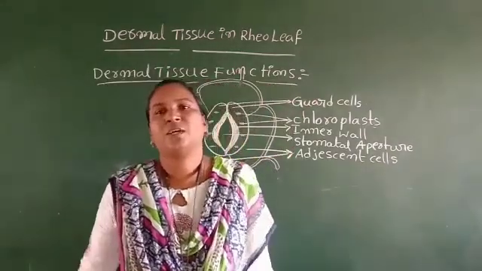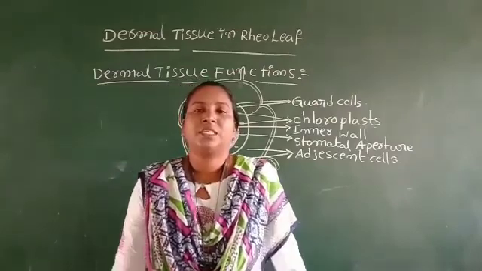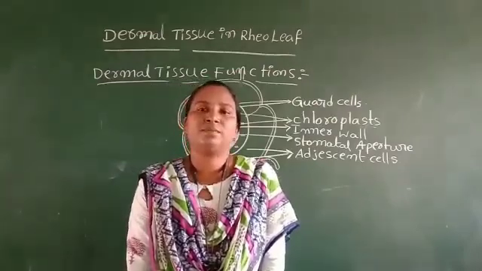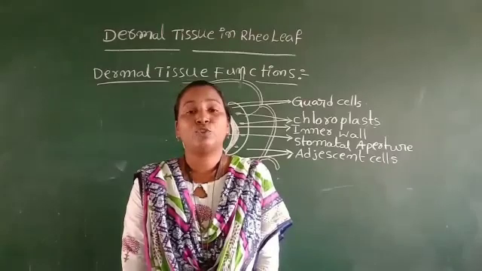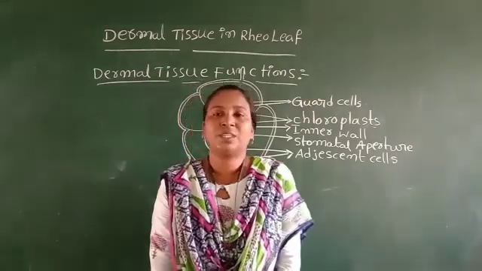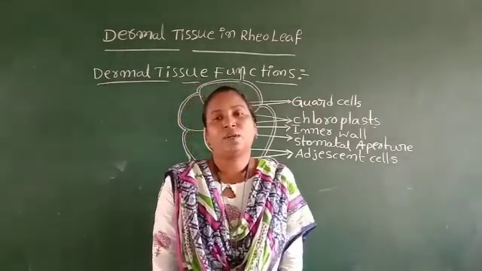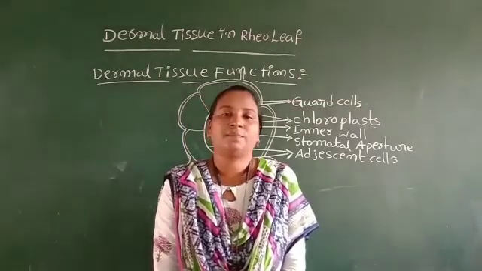Dermal tissue functions to protect the plant from injury and water loss. The dermal tissue covers the plant body except in woody shrubs and trees which have bark. Examples of bark: tamarind, mango, neem, etc. The most common cell type in the dermal tissue is the epidermal cell. Generally, a thin waxy layer called a cuticle covers the epidermal cells and protects them.